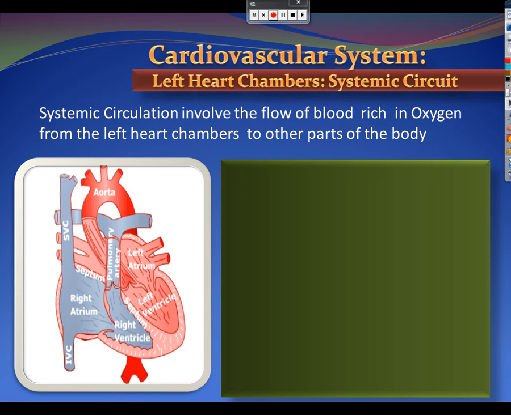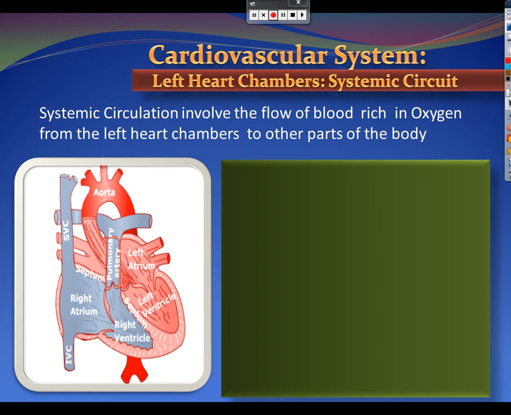Then we have the left side. The left side involves the flow of blood that does have oxygen. So remember, when the blood left through the aorta out to the lungs, it did that so it goes to the lungs to make the exchange of leaving the carbon dioxide and taking the oxygen.